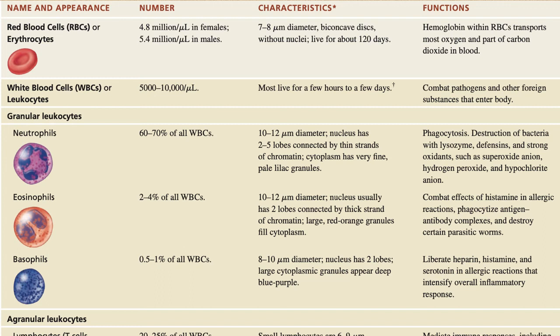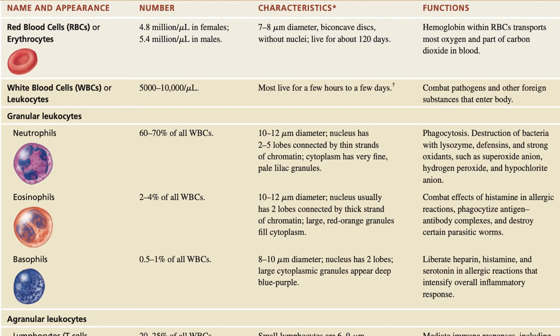For the granulocytes, with the granules, as I mentioned earlier, which is BEN. It's a mnemonic, Ben, with pimples on the face, a lot of granules. So for the neutrophils, it's 60 to 70% of all the WBC. The characteristic is it's around 10 to 12 micrometers in diameter. The nucleus has 2 to 5 lobes.